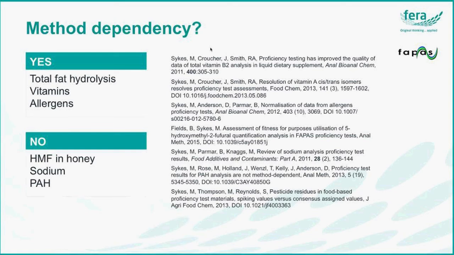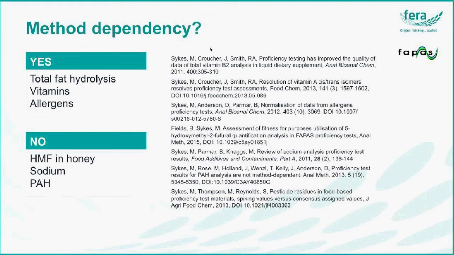We can also investigate PT data to look for perceived method dependency, and sometimes we find there is no method dependency. Examples are hydroxymethylfurfural or HMF in honey, sodium in just about everything, and PAHs.